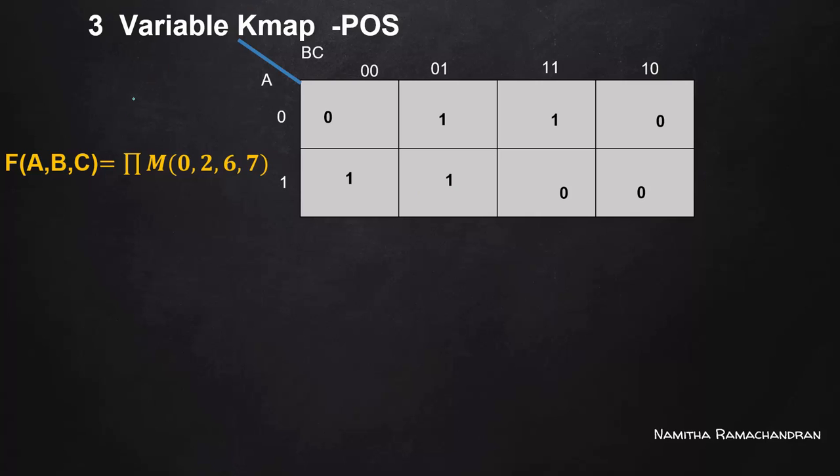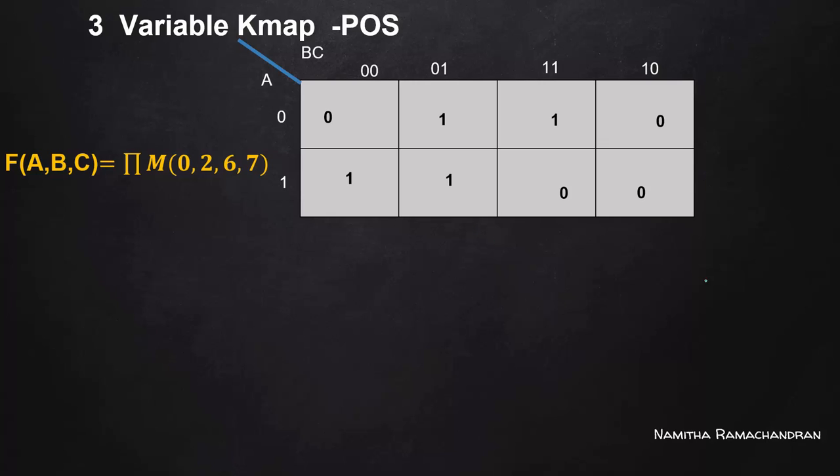Here we are considering the POS form representation, so we are interested in cells with value zeros. Now try to make the maximum possible sized groups. Here we can make a maximum of groups with 2 cells.